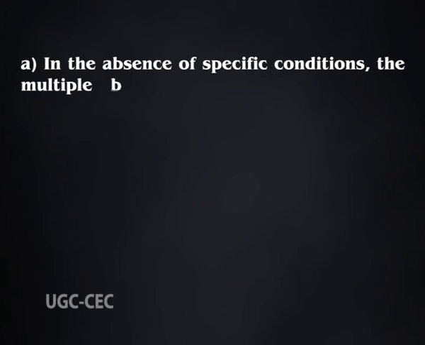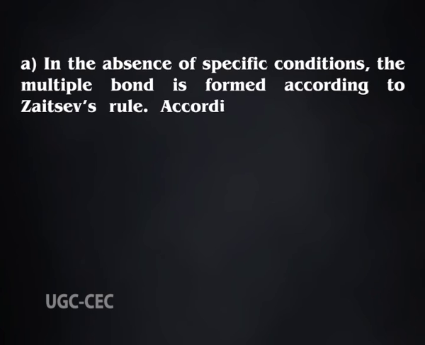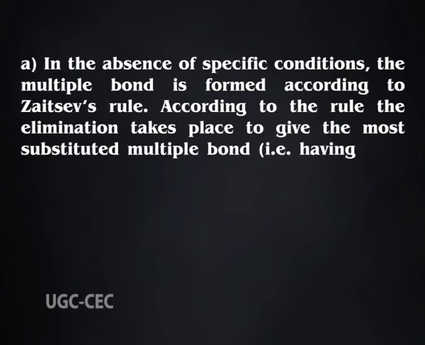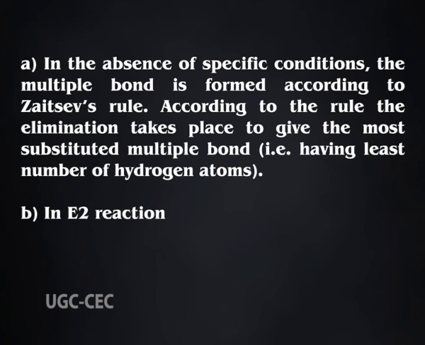The regioselectivity is governed by certain rules. Number 1, in the absence of specific conditions, the multiple bond is formed according to Zaitsev's rule. According to the rule, the elimination takes place to give the most substituted multiple bond, that is having least number of hydrogen atoms, will be the major product.